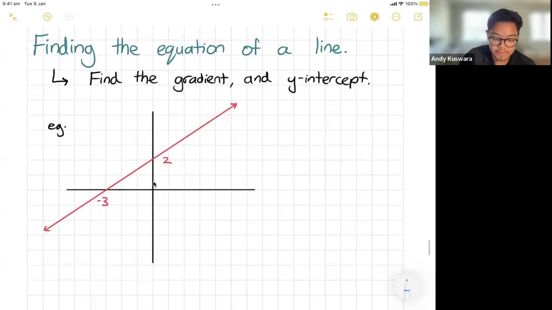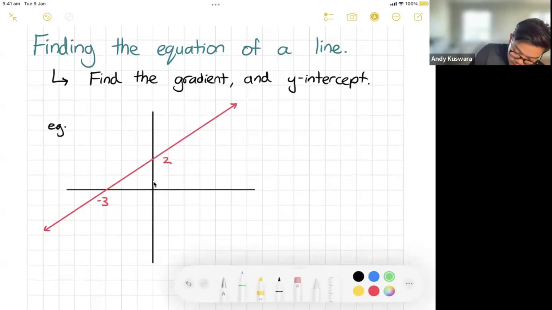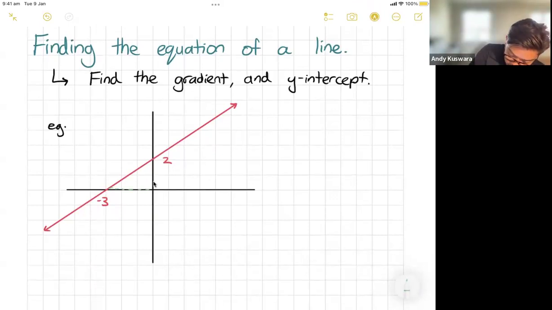Okay, last one, very last but not least, finding the equation of a line from a graph. So this time I've given you the graph, we're just working backwards. Okay, as usual, what I want to do is find my rise and my run. And yes, I can. I can see that my run equals 3. Now you've got to be careful.